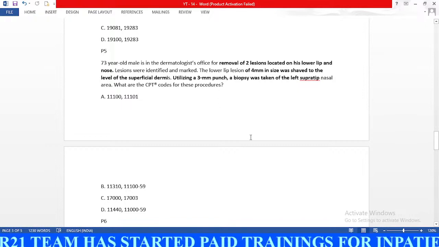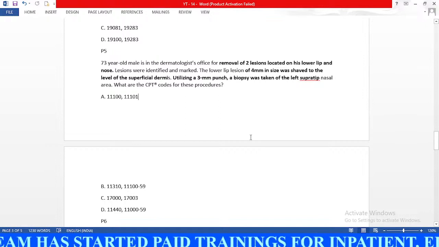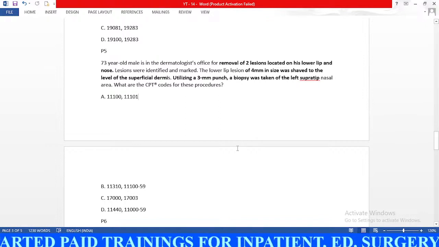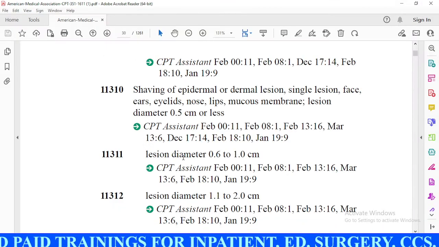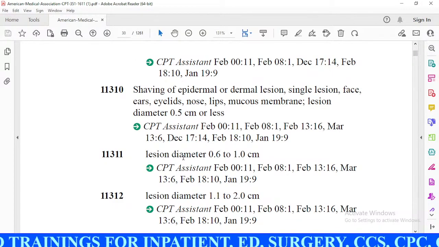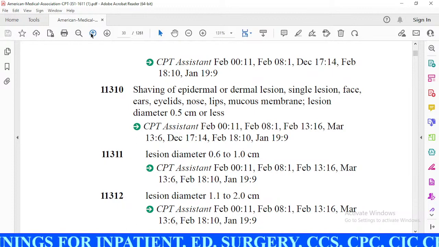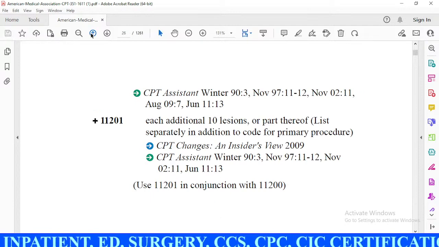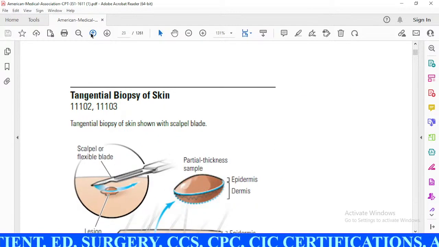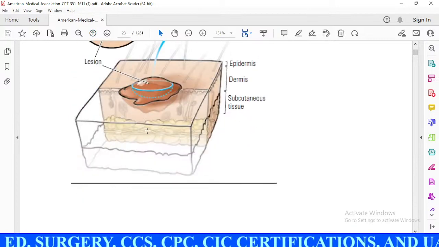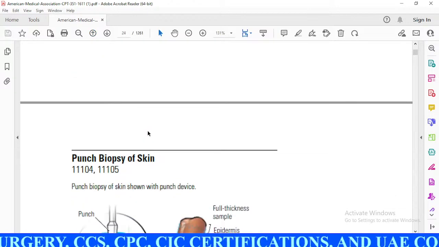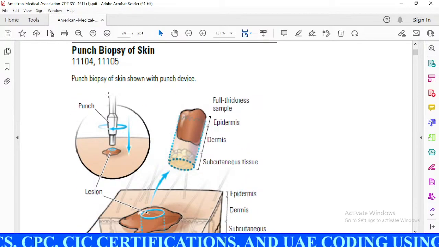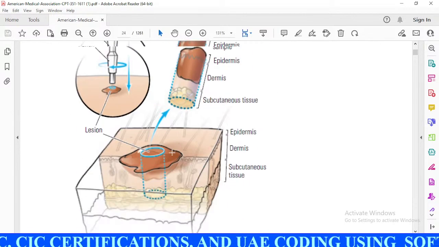Again, now we need to code the punch biopsy. So we will check 11100. Anyway, those codes are changed now. See here, these are the punch biopsies, so we need to code from the 11104 or 11105 series.